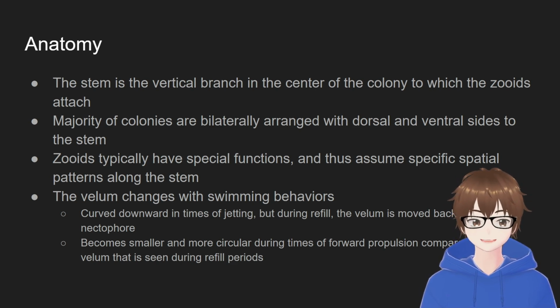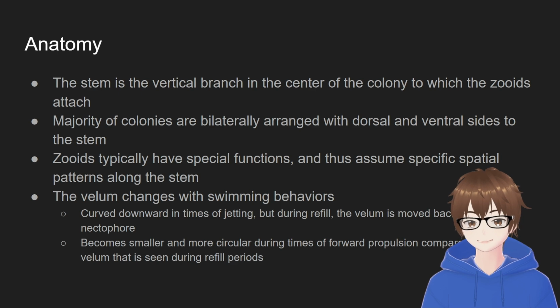Some of them don't even have the same anatomy, I guess you could say, different organs and stuff like that. But mainly they usually do have a stem that is a vertical branch in the center of the colony to which the zooids attach. Now, a majority of the colonies are bilaterally arranged with dorsal and ventral sides to the stem.